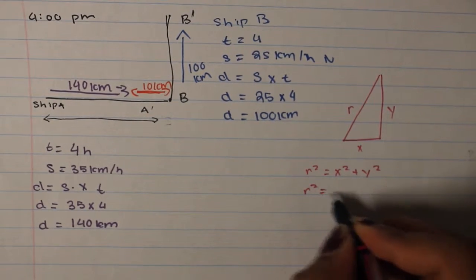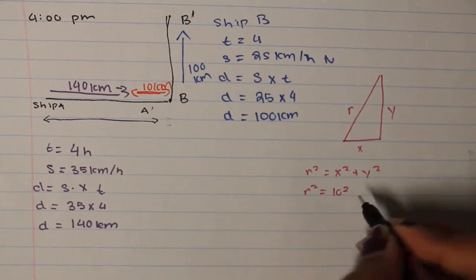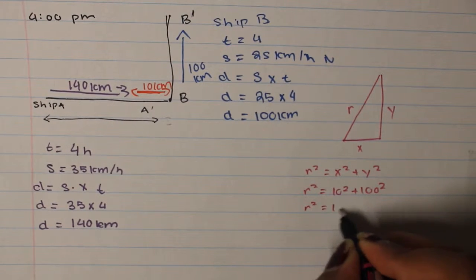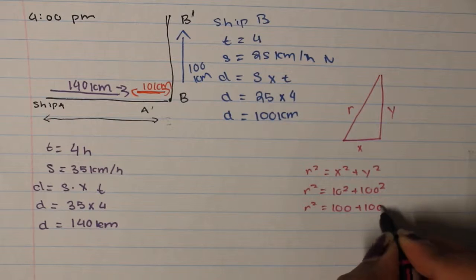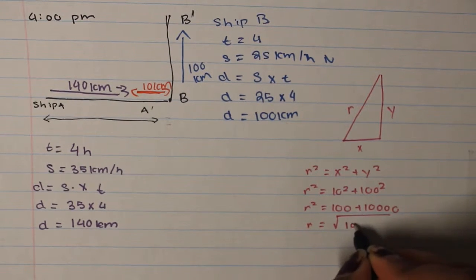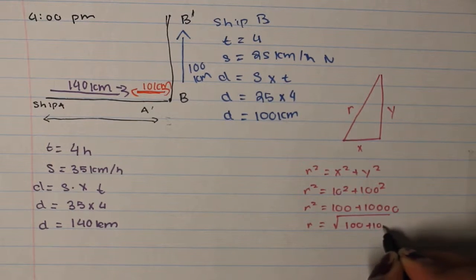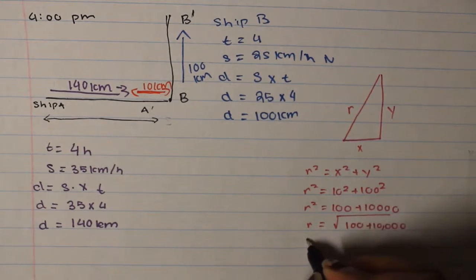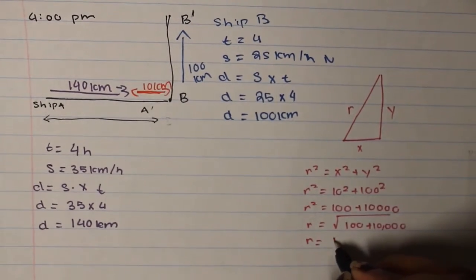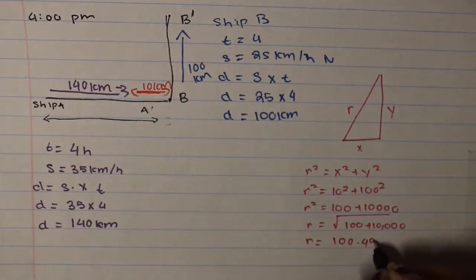R squared is equal to 10 squared plus 100 squared, and r squared is equal to 100 plus 10,000, and r is equal to the square root of 100 plus 10,000, and r will come up to be 100.499 kilometers.